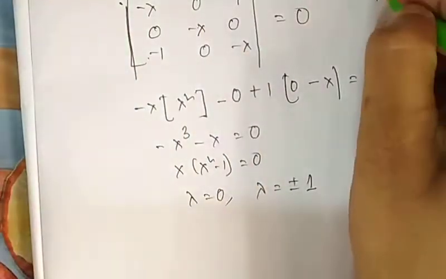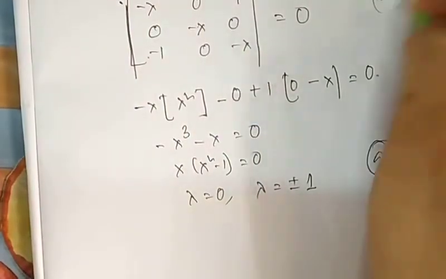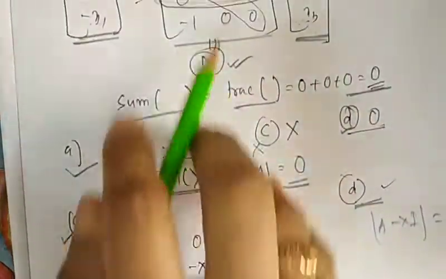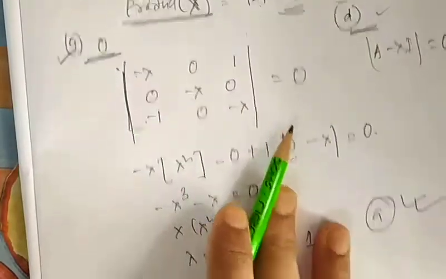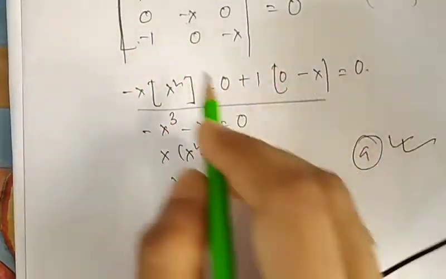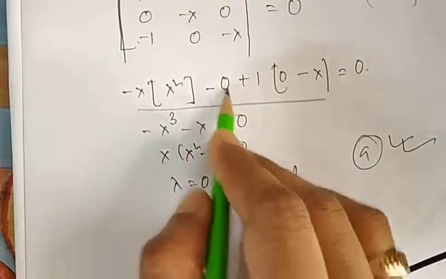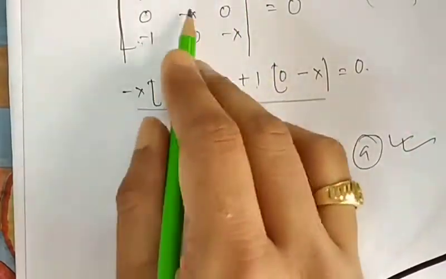So next we are solving it. How to solve for eigenvalues? It is the determinant of A minus lambda I equal to 0. So you deduct lambda from all the diagonals: 0 minus lambda, 0 minus lambda, 0 minus lambda. If you take the determinant of this, you get minus lambda times this, minus 0, plus 1 into this.